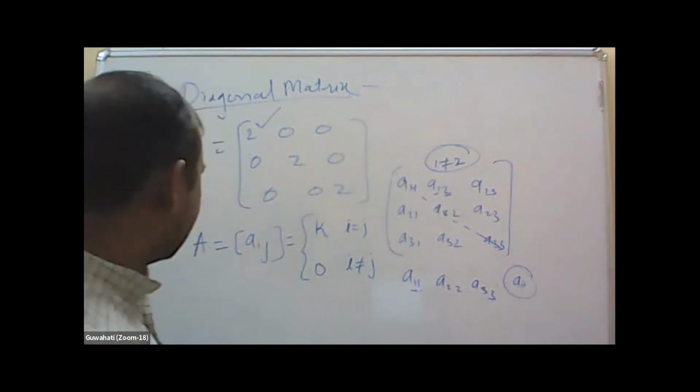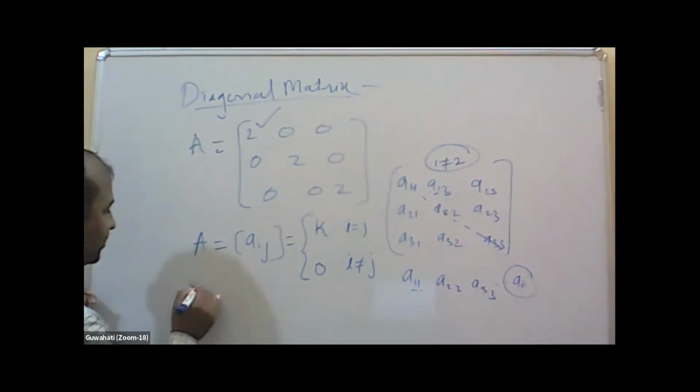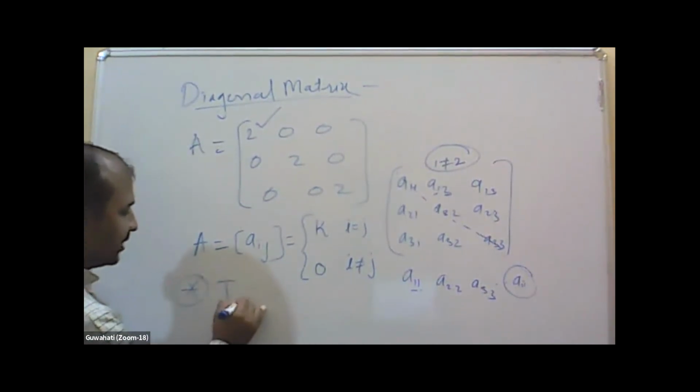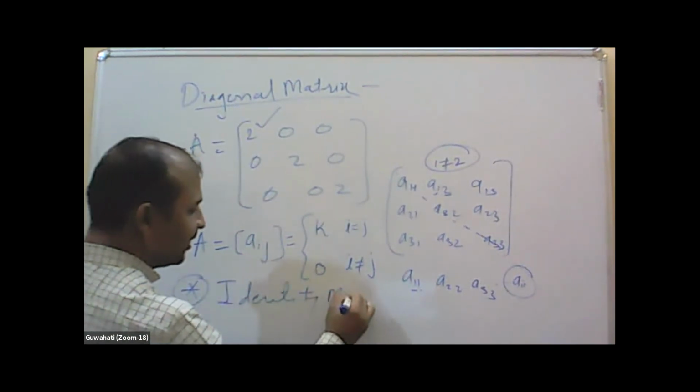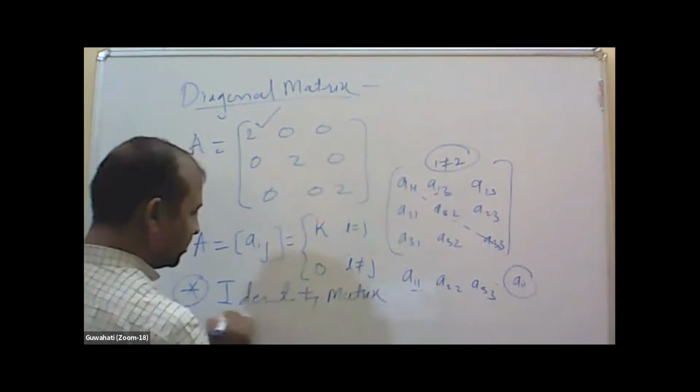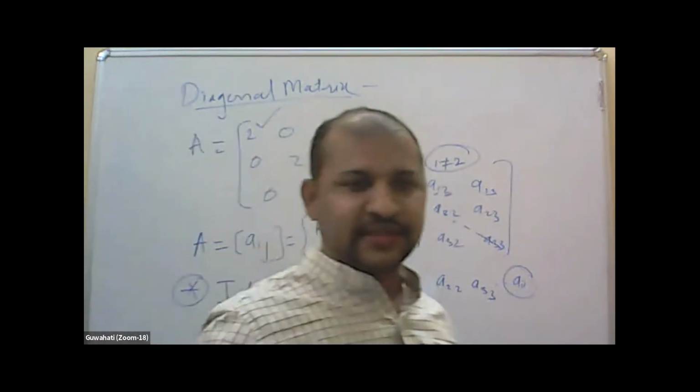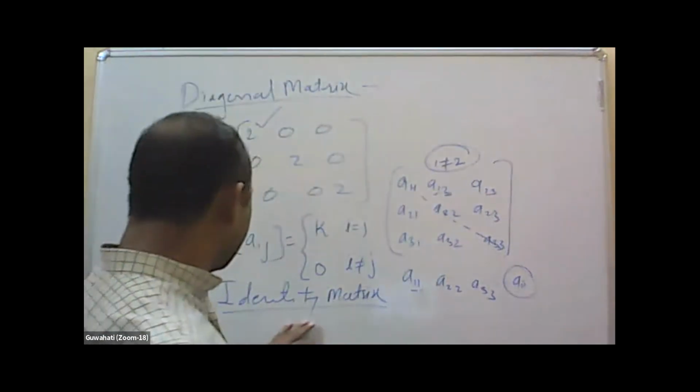So what will be the next matrix? Let's go to the identity matrix. Already she has told when we can say it is an identity matrix.